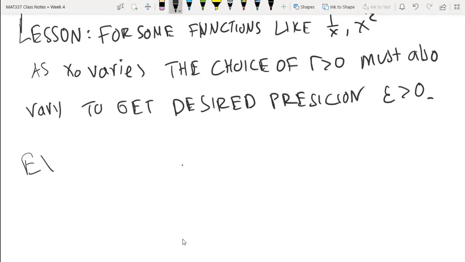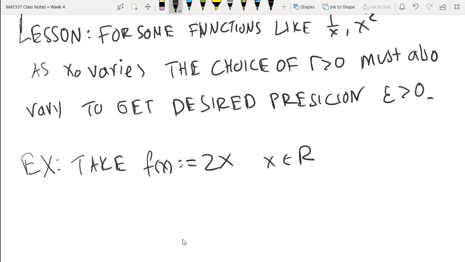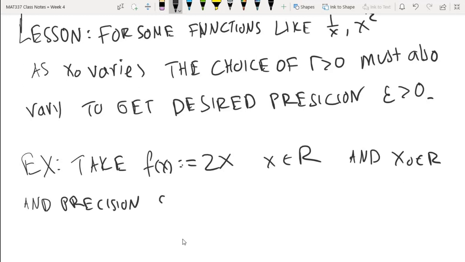When do things go good? Take f of x to be 2x, for x in R, in fact, and give me any point x naught in R, and precision epsilon positive.